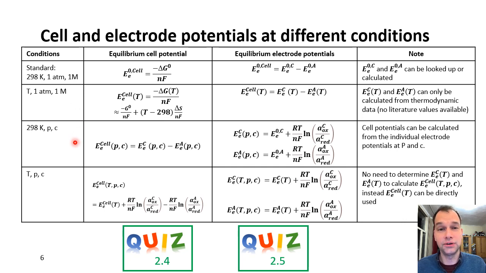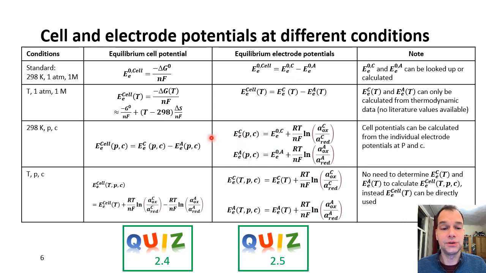Now if we go to the situation where we stay at 298 Kelvin, but instead go for different pressures and concentrations, so the equilibrium potential as a function of pressure and concentration, then we first look at the electrode potentials, where we can fill in the Nernst equation to determine this dependence for both a cathode and anode reaction, where we can use the standard electrode potentials that we could just look up.